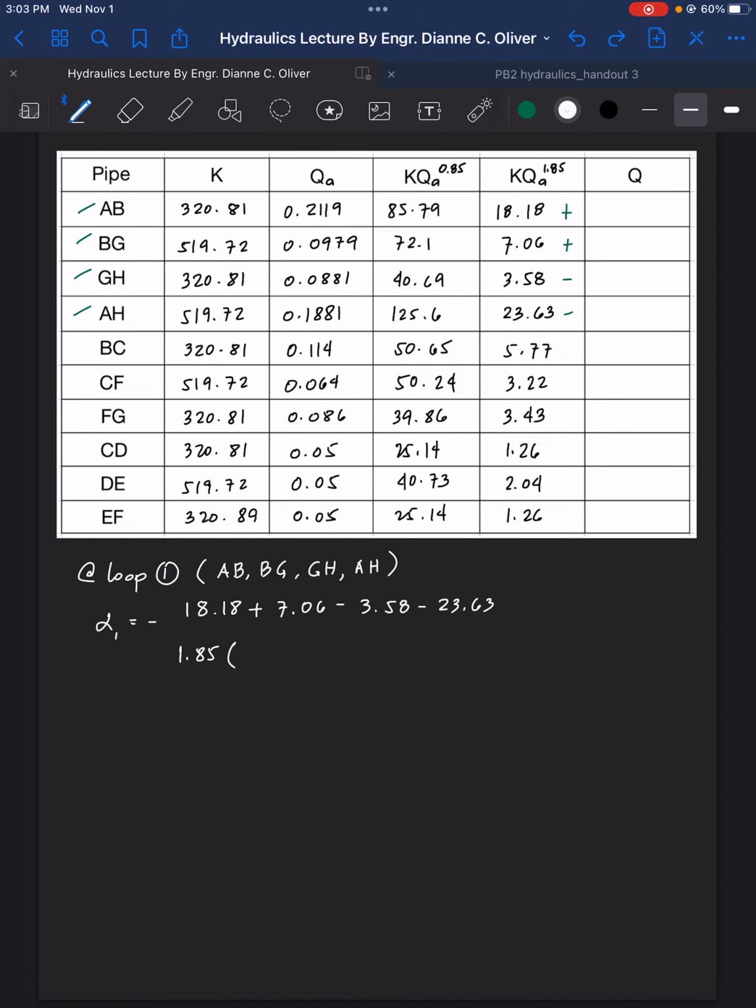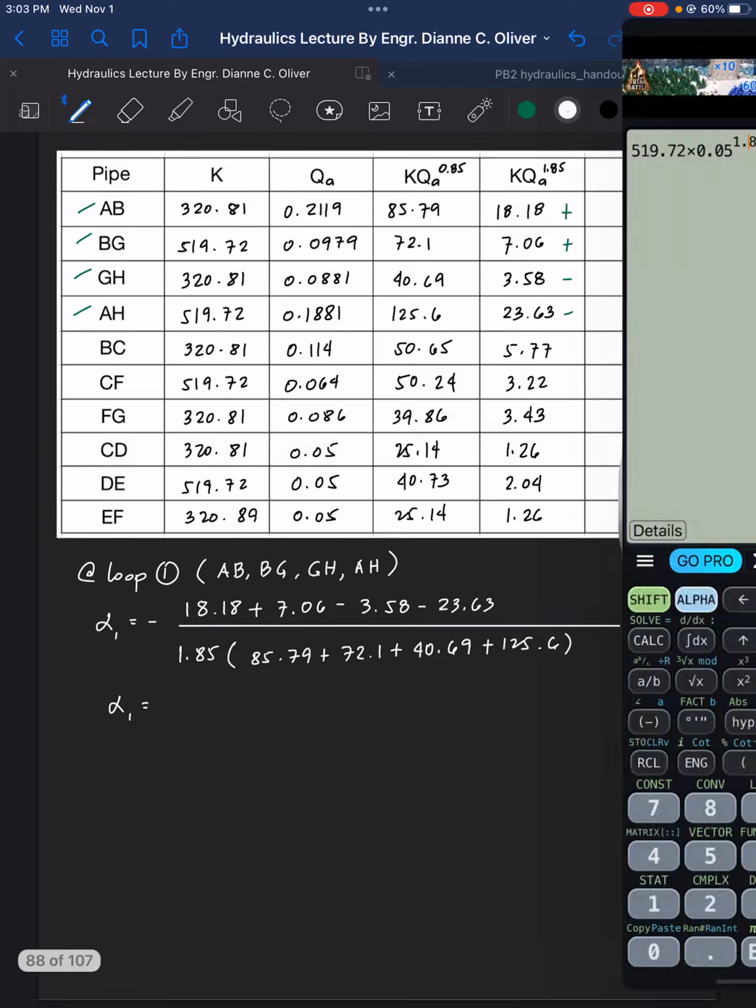So that is 85.79 plus 72.1 plus 40.69 plus 125.6. So what's the value for correction 1 at loop 1?